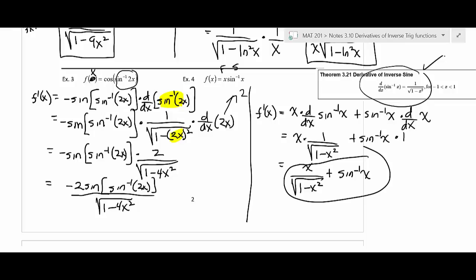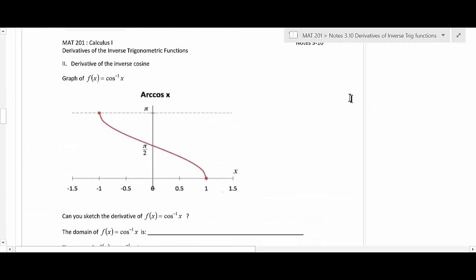We're going to look at two more mainly, and then I'm going to give you the derivative rules for the other three. So I'm going to look at inverse cosine and kind of develop this idea. We're going to do a derivation of this one also.